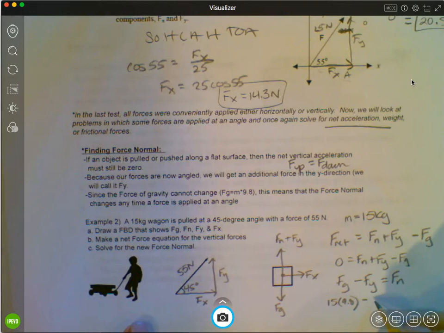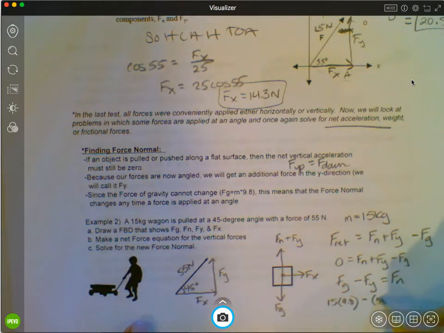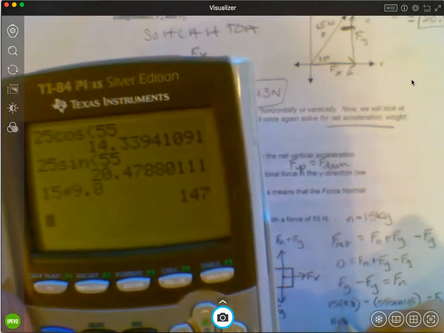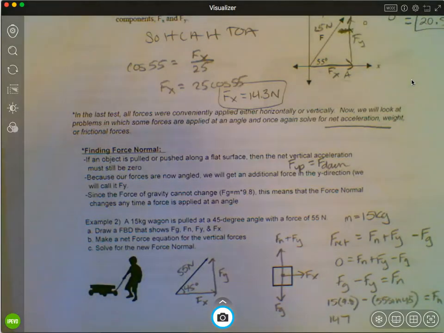Fy is going to be 55 sine 45. And that's going to be equal to Fn. So this is 147. And this is 38.9.